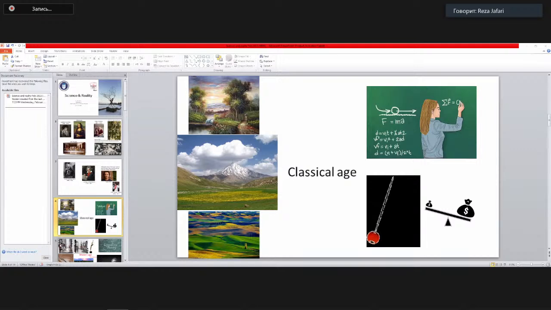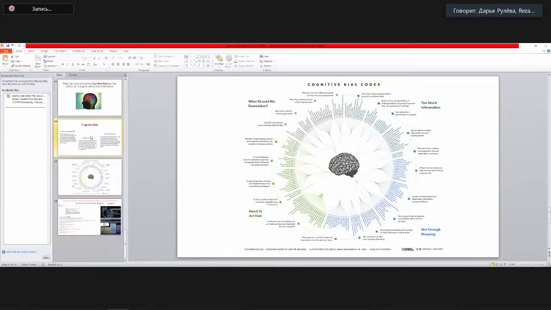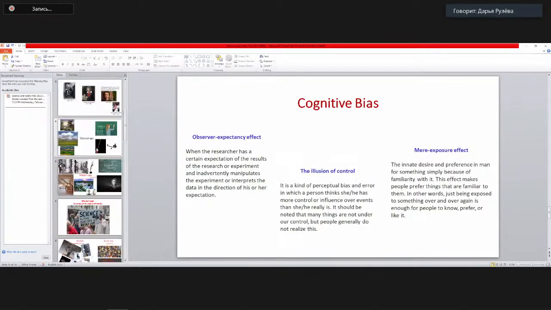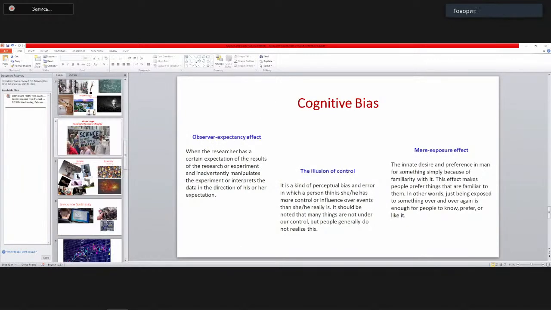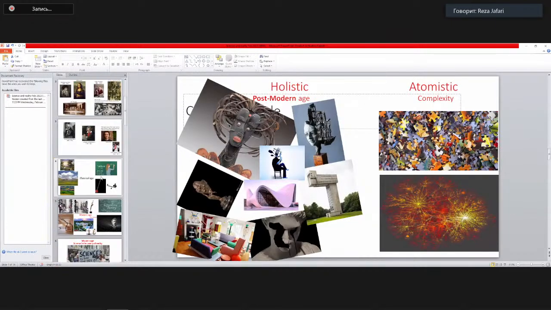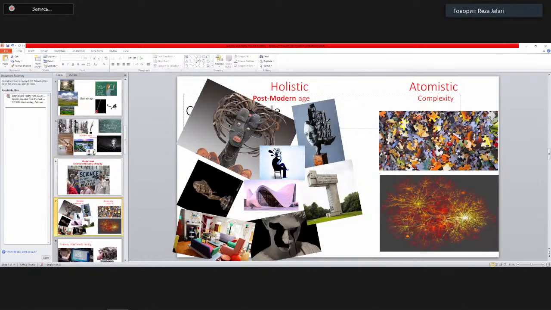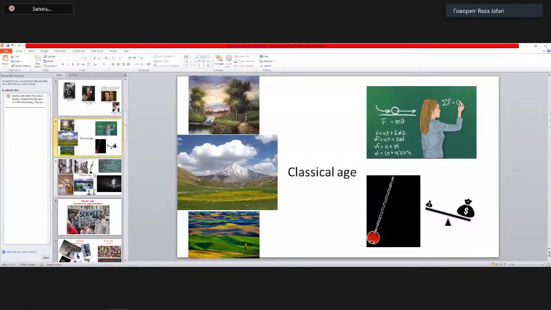You can find many. Tell us which slide you are talking about now, because the picture doesn't change on the screen. Now we're looking at slide number 4. It says classical age. Sorry, I don't know which slide you have seen before.